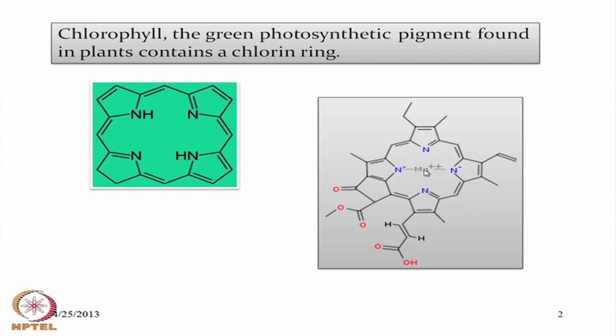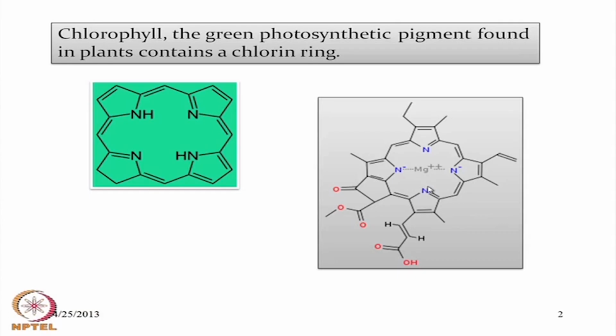It is not binding to a typical transition metal ion like iron in hemoglobin and myoglobin, but to magnesium. But still it is colored. The color is not due to the presence of magnesium, it is due to all the other rings present in this organic molecule, because organic molecules are sometimes colored.